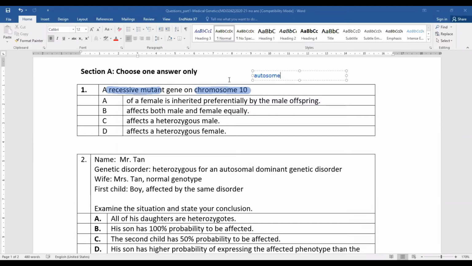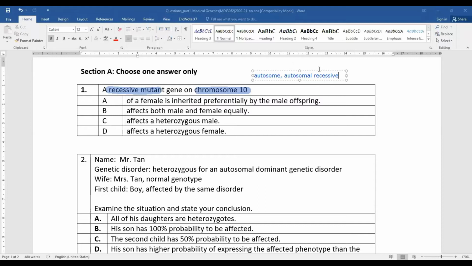So basically, you're looking at autosomal recessive, correct? Now, you have gone through autosomal dominant, autosomal recessive, X-linked dominant, X-linked recessive.